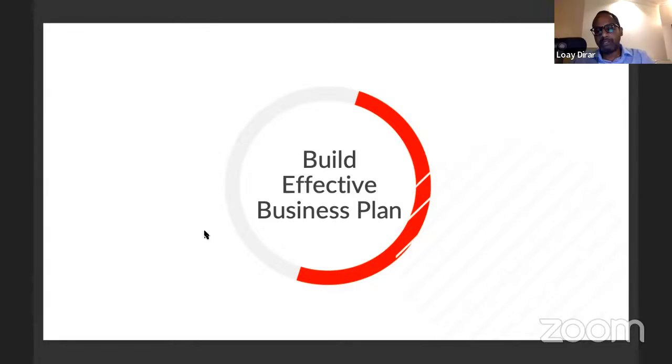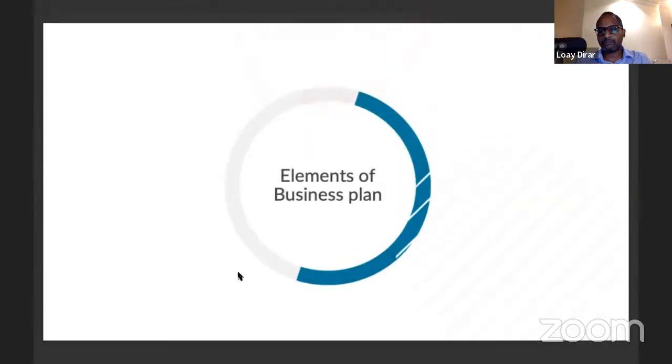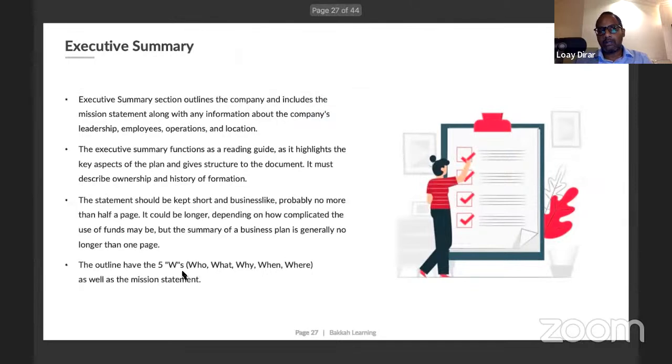Okay, building an effective business plan. How are we going to build it? And elements of a business plan. These are the components of the business plan. I'm going to cover the rest of the slides quickly, and after that I'm going to get back to the executive summary because I want to highlight something very important. The executive summary is one of the components of a business plan.